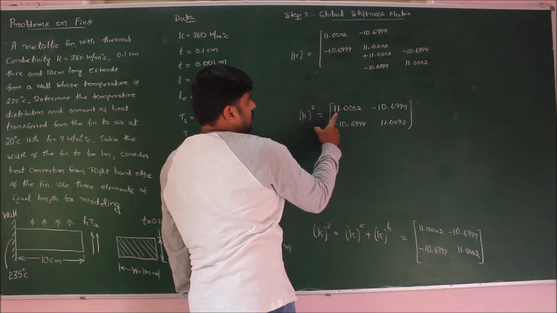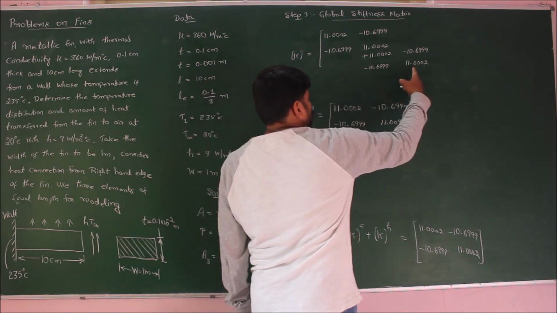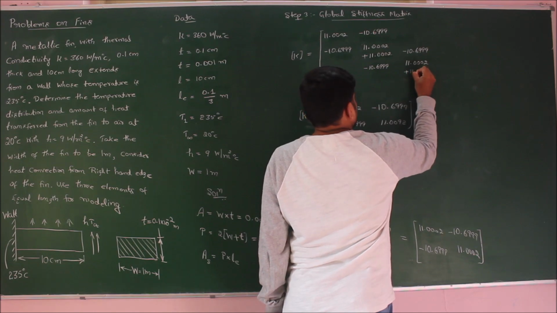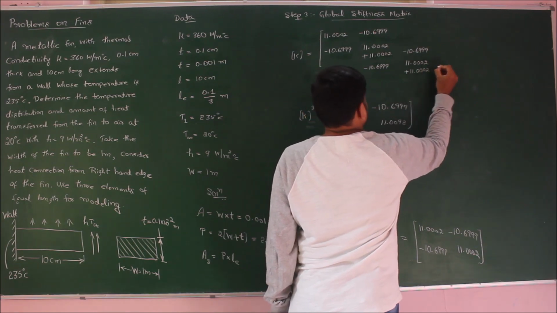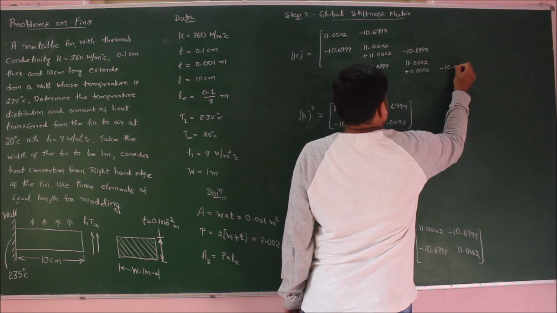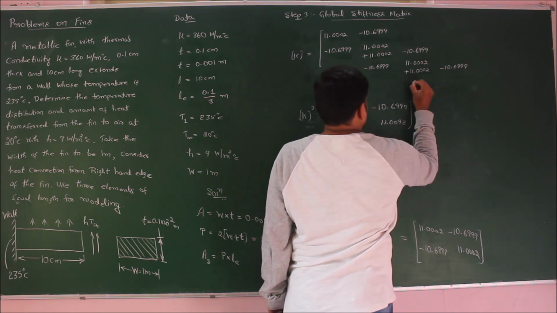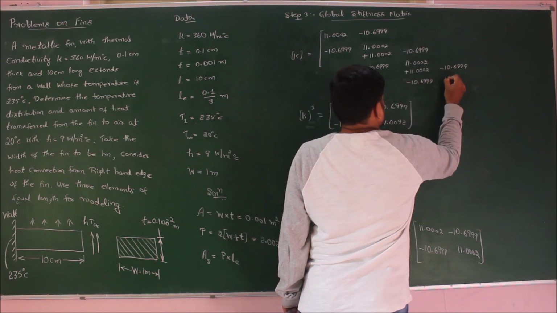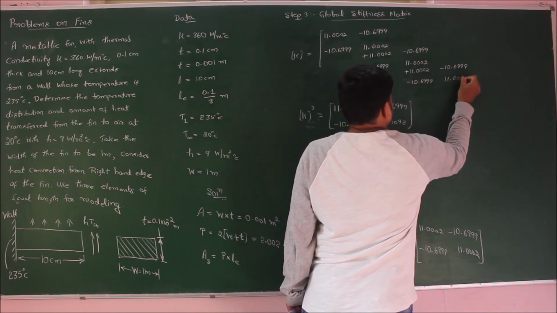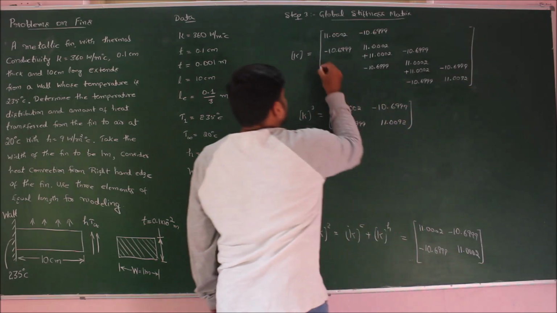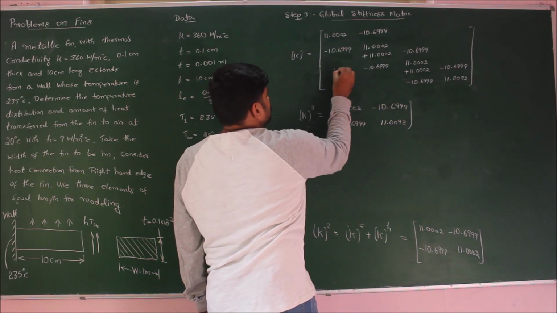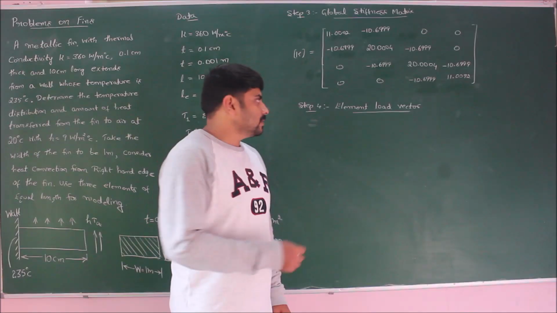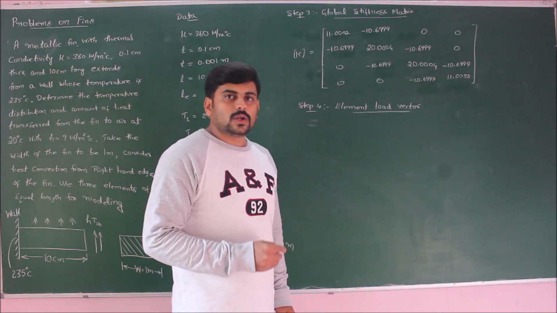Now adding K11 of element 3 to K22 of element 2, I'll get plus 11.0002 minus 10.6999 minus 10.6999 11.0092. So now fill the unfilled positions with zeros. If I simplify these two values, moving on to step 4, that is element load vector.